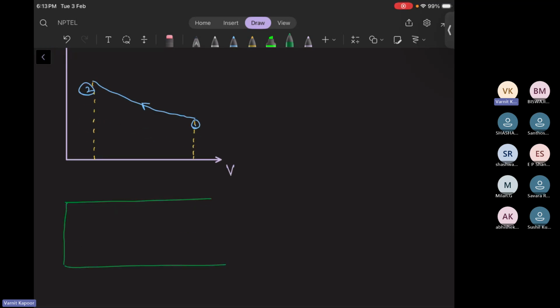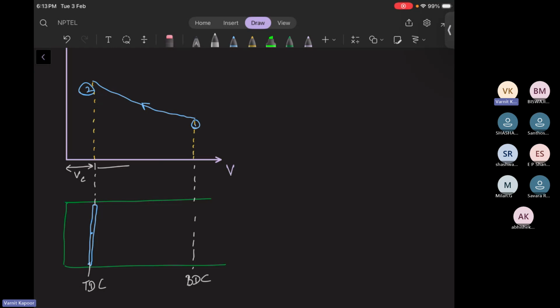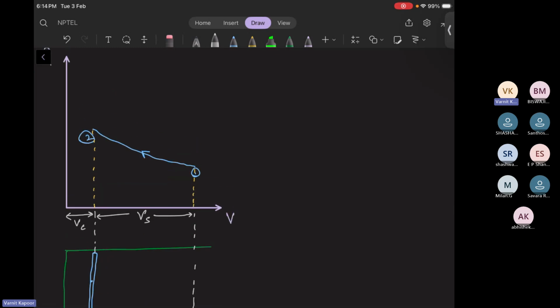This is your cylinder, and this is your piston inside the cylinder at TDC. This situation is your TDC, and this situation is your BDC. So from BDC to TDC, the compression has happened. This was initially your clearance volume, which we have discussed, the volume between the piston head and the TDC, and this is your swept volume, Vs. So the first process, isentropic compression, has happened.